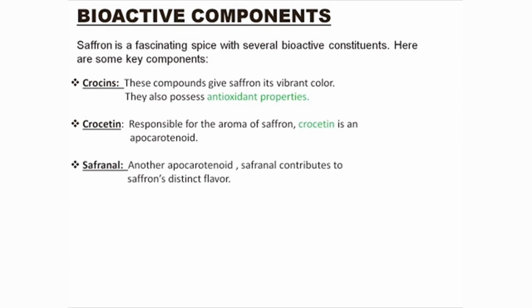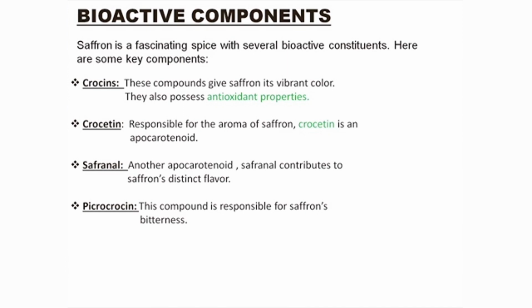Next one is saffronal. Saffronal is another apocarotenoid, and it contributes to saffron's distinct flavor. Fourth, we discuss picrocrocin. This compound is responsible for saffron's bitterness. Picrocrocin is an odorless glycoside monoterpene, a product derived from the degradation of zeaxanthin.